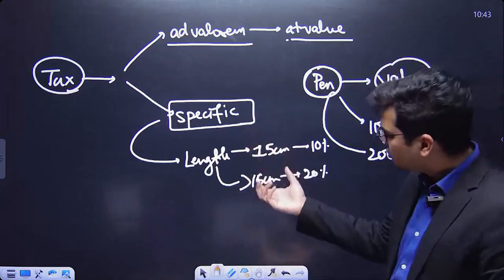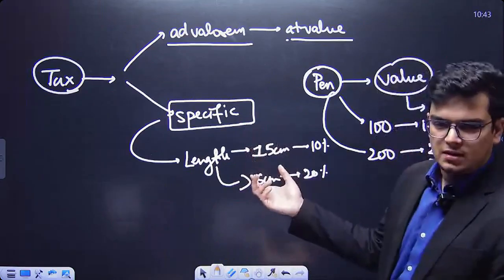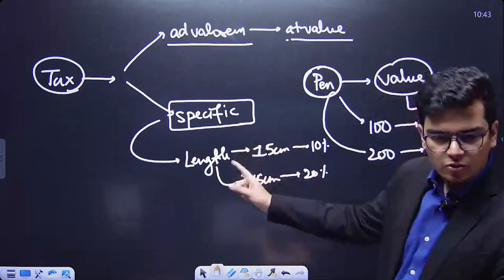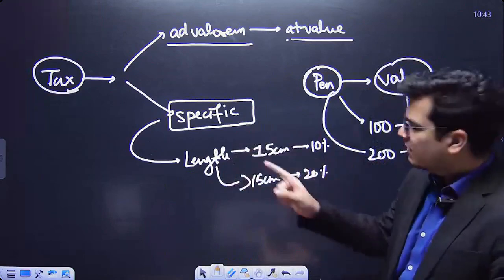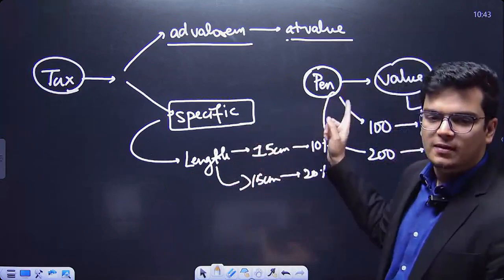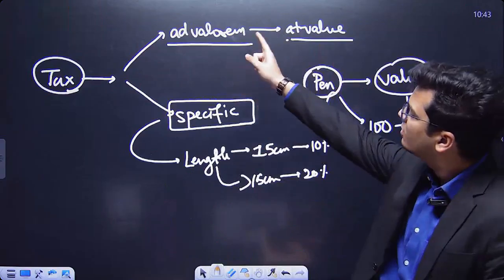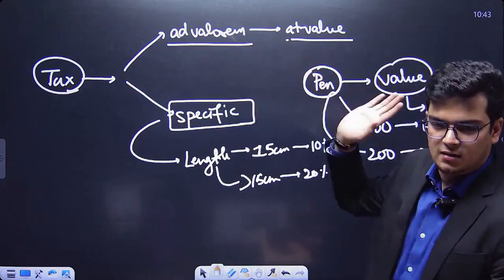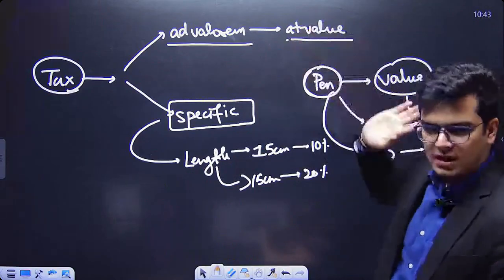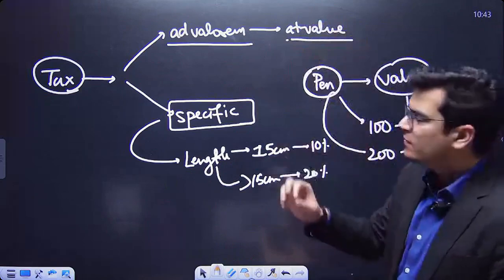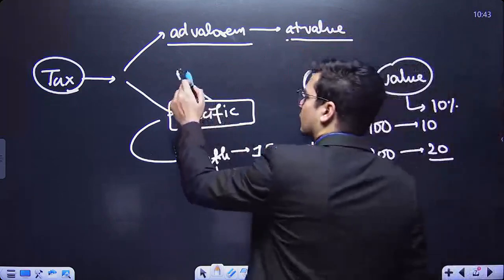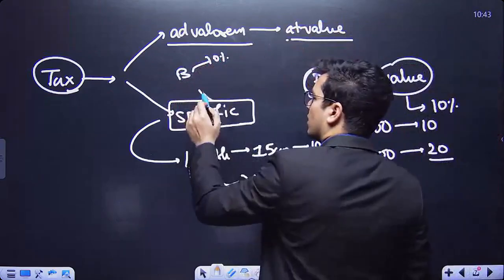Now, you might feel this is also in percentage terms, but is this imposed on value? No, it is not imposed on value. If the tax is imposed on the value of sale, ad valorem, at value of sale, then it is ad valorem tax.